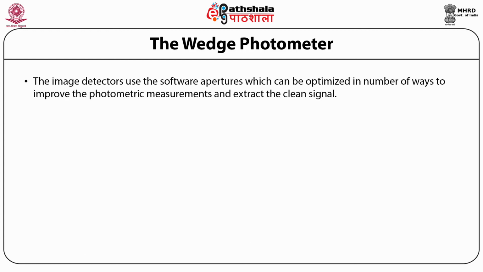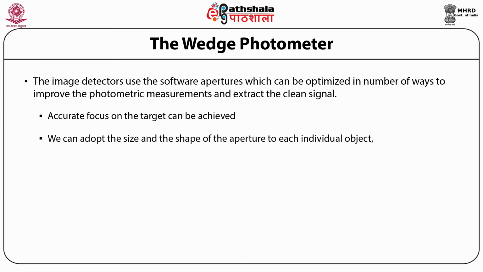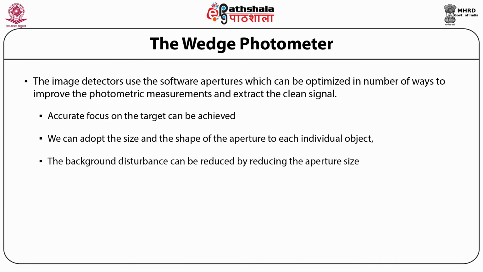The image directors use the software Aperture, which can be optimized in a number of ways to improve the photometric measurements and extract the clean signal. Like how it can be done? Accurate focus on the target can be achieved. We can adapt the size and the shape of the aperture to the individual object. The background disturbance can be reduced by reducing the aperture size.